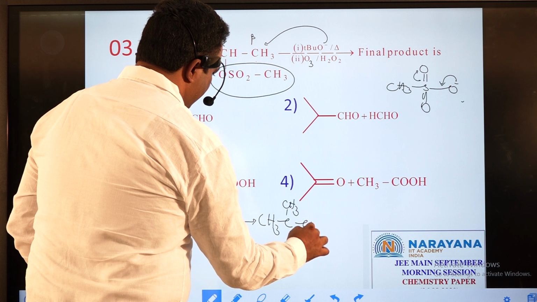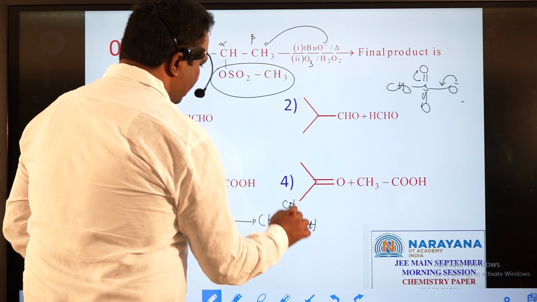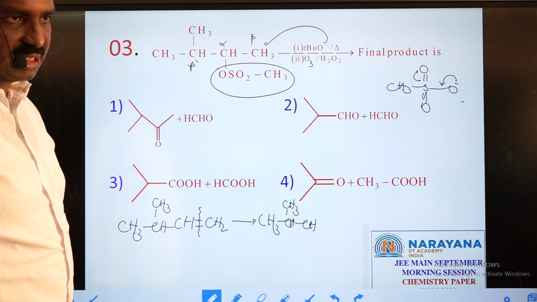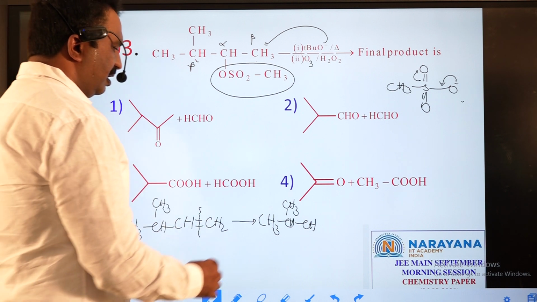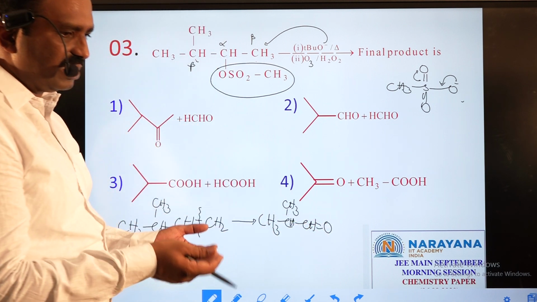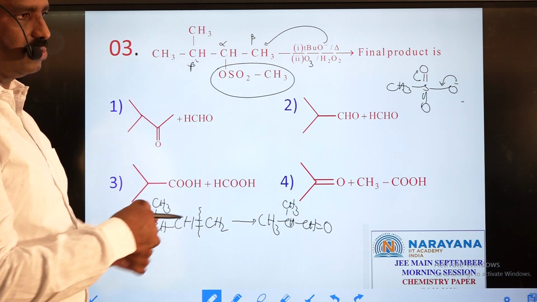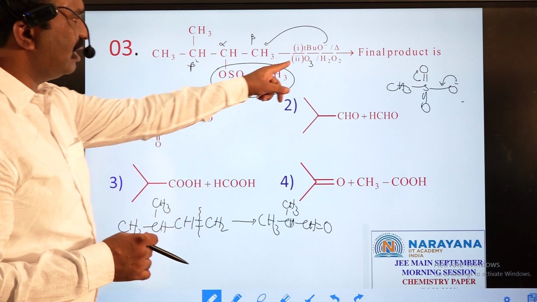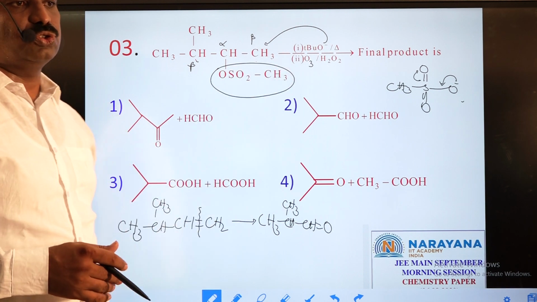Why? Because if it is given as H2O, then there might be some confusion. What happens if an aldehyde is formed: will that aldehyde be further oxidized or not, because the H2O2 concentration from H2O is less. But here it is given directly as H2O2.